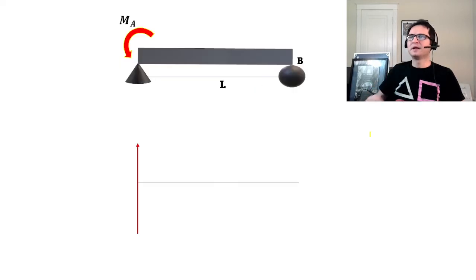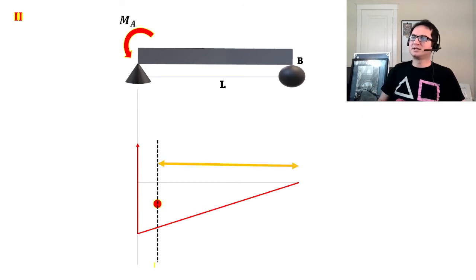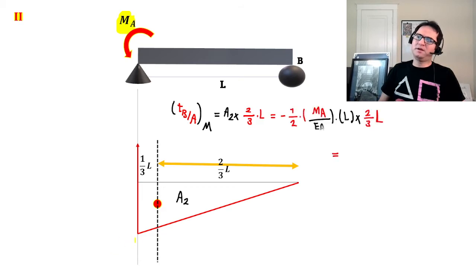And if you do the same for the second beam, it just goes down in the M over EI diagram with the amount of MA over EI.